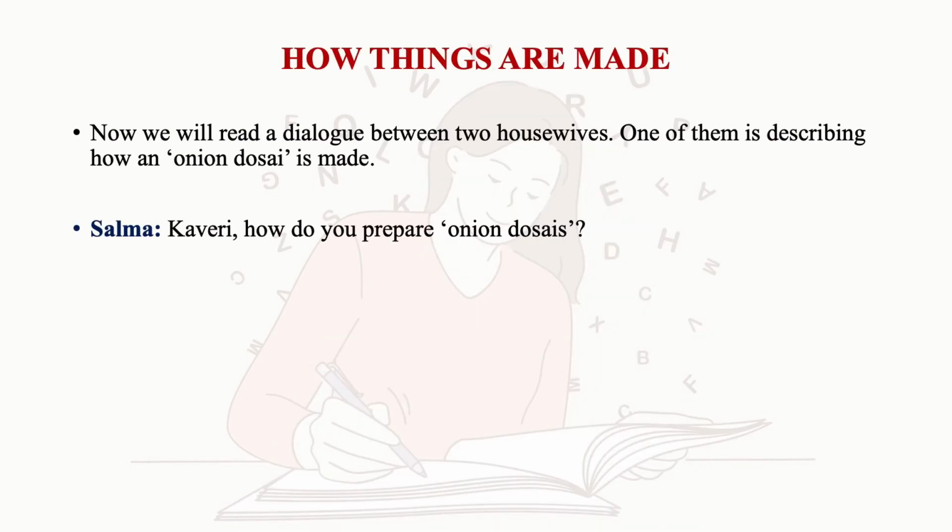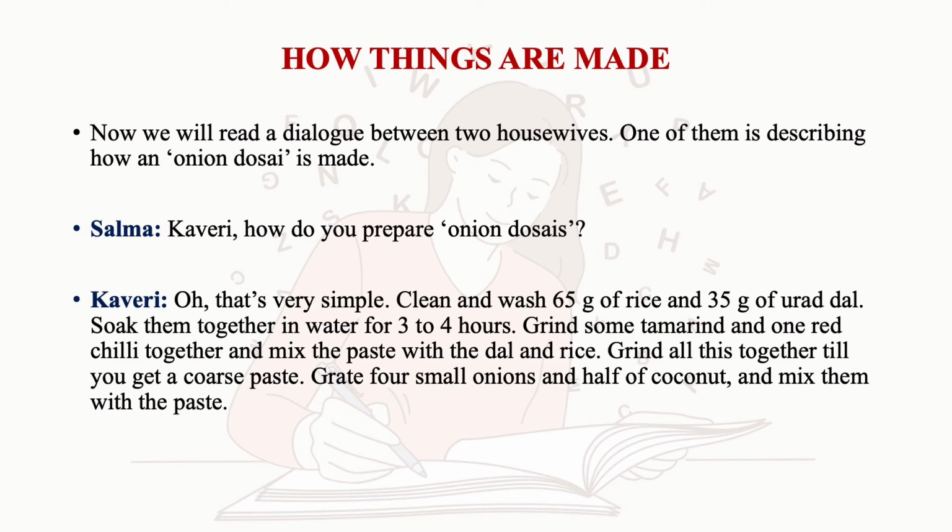Salma: Kaveri, how do you prepare onion dosais? Kaveri: Oh, that's very simple. Clean and wash 65 grams of rice, 35 grams of urad dal. Soak them together in water for 3 to 4 hours.